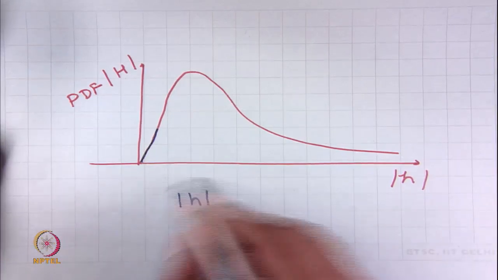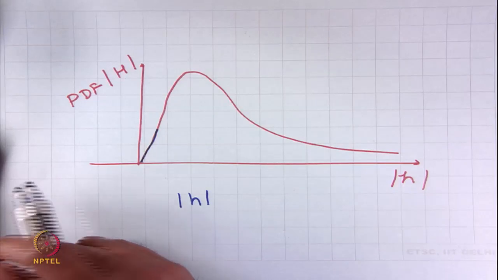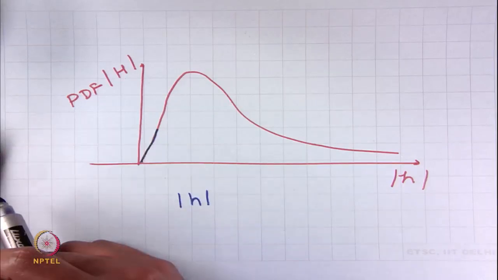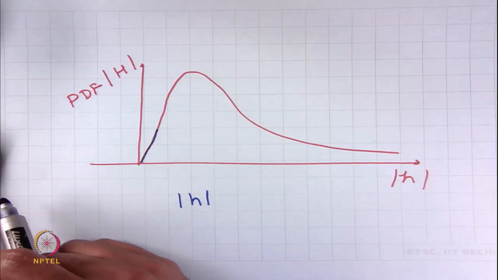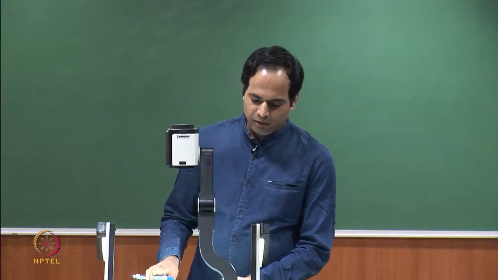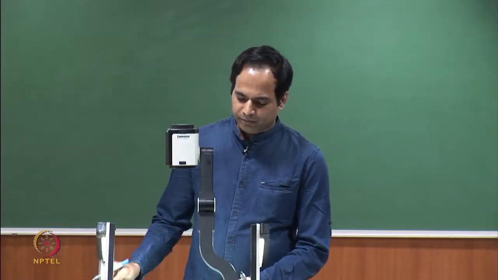Now, because of this very small value of mod of h, whatever abno you may have, the resultant abno at the receiver will be pretty small. Okay. And thus, having a larger abno does not help you anymore. Okay. So, let us quantify what we mean by deep fade.